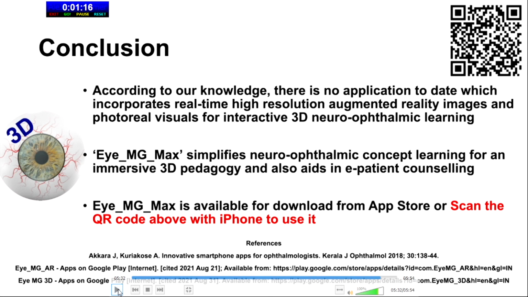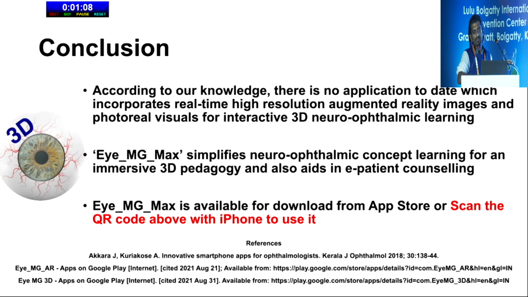So this is the QR code. This is an offline app, free of cost. You can scan this today and have this app on your smartphone today. It's offline, and neuro-ophthalmic concept learning along with ophthalmology is very immersive, and it also aids in patient counseling. And above all, we have also given a three-dimensional application model.